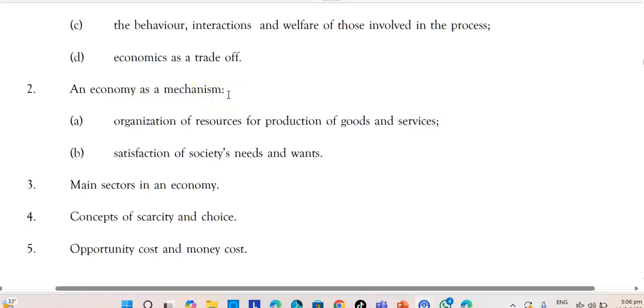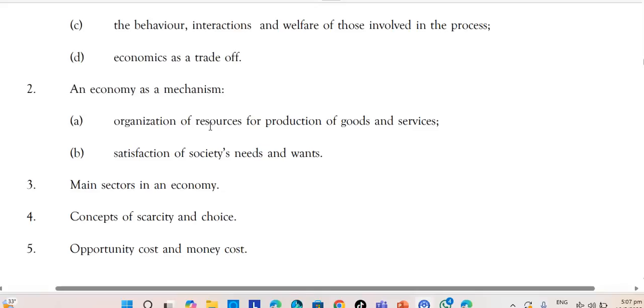The economy acts as a system that uses resources wisely, meaning that it organizes land, labor, capital, and entrepreneurs to produce goods and services.